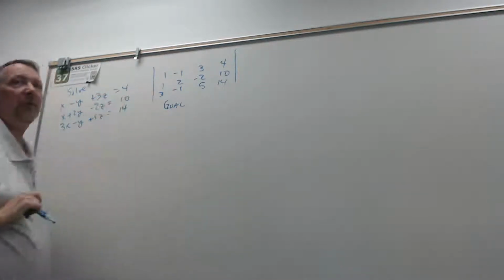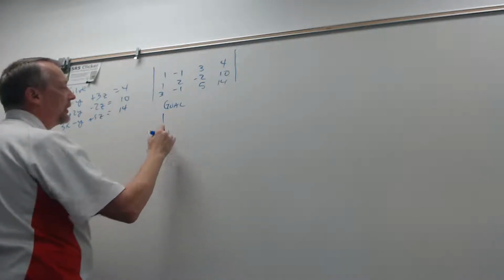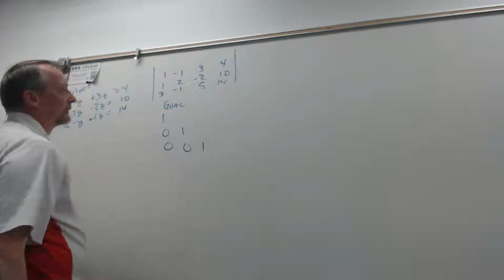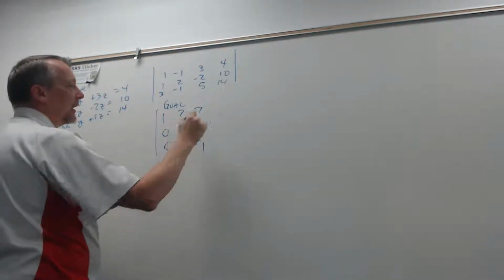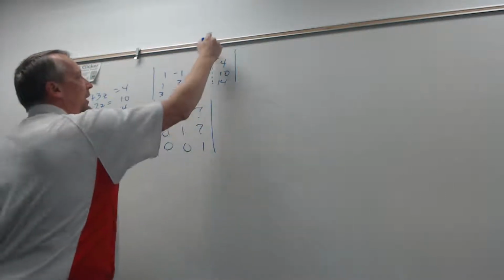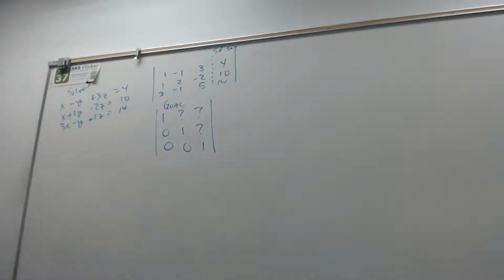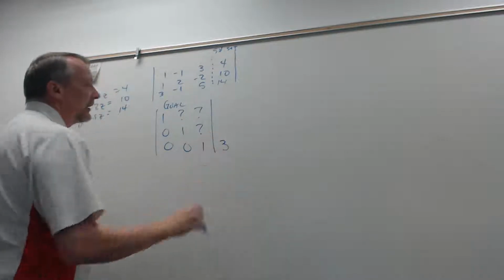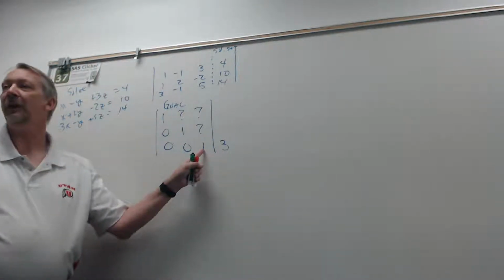Now, let me just mention here, when we're doing it with matrices, our goal is to get a 1, 0, 0, 1, 0, 1. These can be whatever they're going to be. This is what we sometimes refer to as the solution set. So if, for example, let's pretend the bottom row, this is the z column, right?